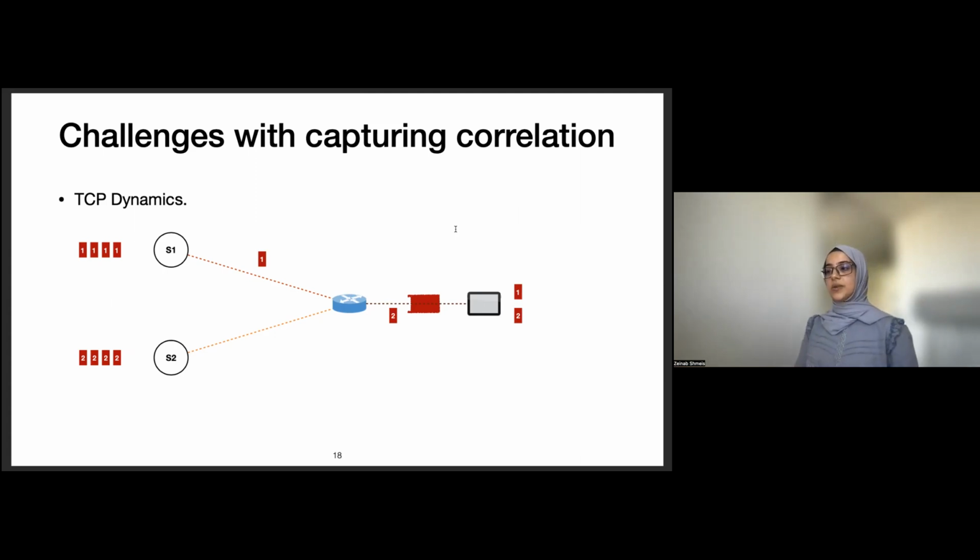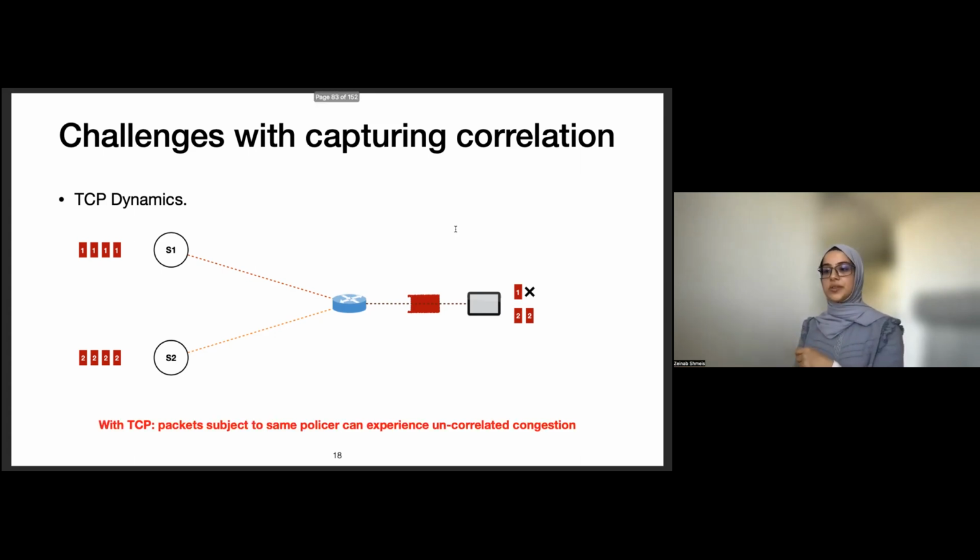Now, as a result, if the queue of the policer is full, one of the paths will see a loss event that the other didn't. So packets can experience uncorrelated congestion even in the presence of a common policer.